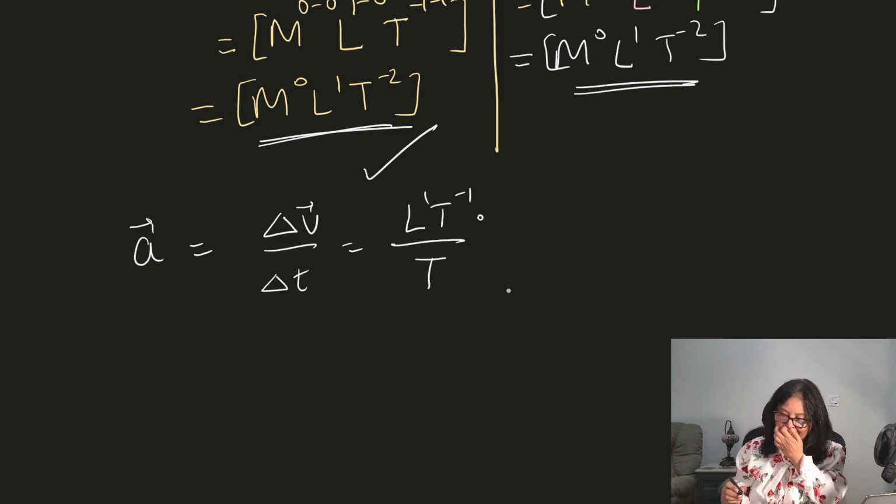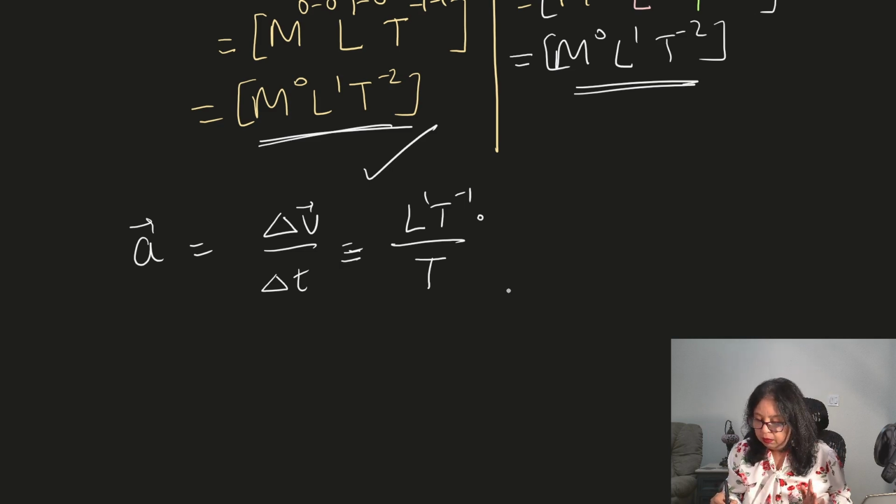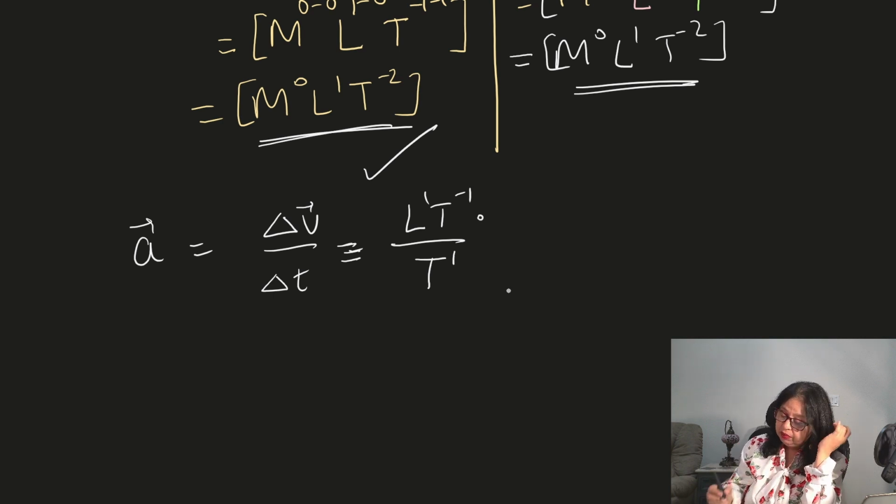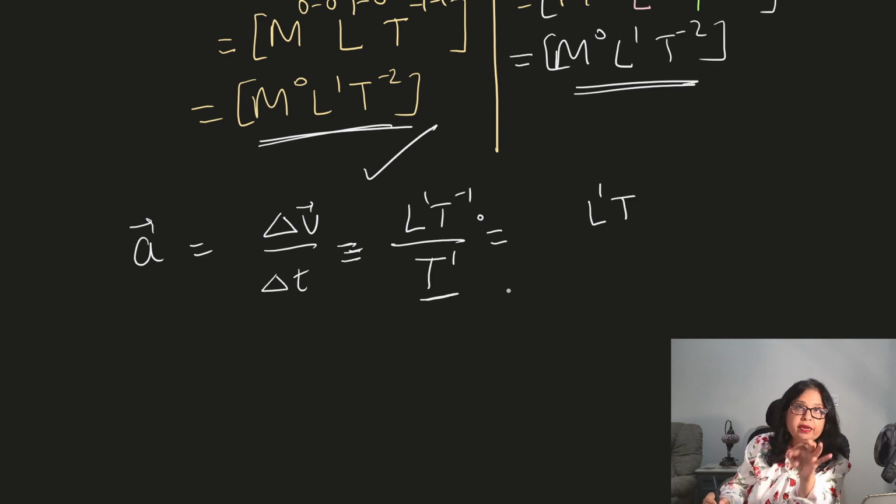Okay. So technically, this is not correct. Let me just put these equivalent signs here. So technically, it is incorrect, but as long as it makes sense to you, it's going in your head, you could definitely do this. So this will then give you L to the power 1, and this T to the 1 comes upstairs and becomes T to the negative 1, and combines with this T to the negative 1.